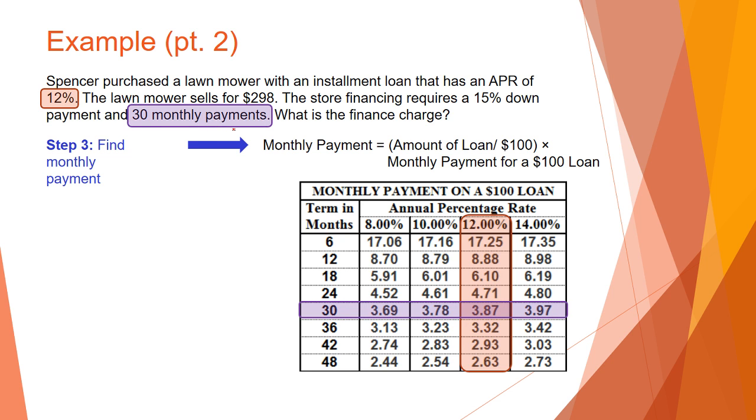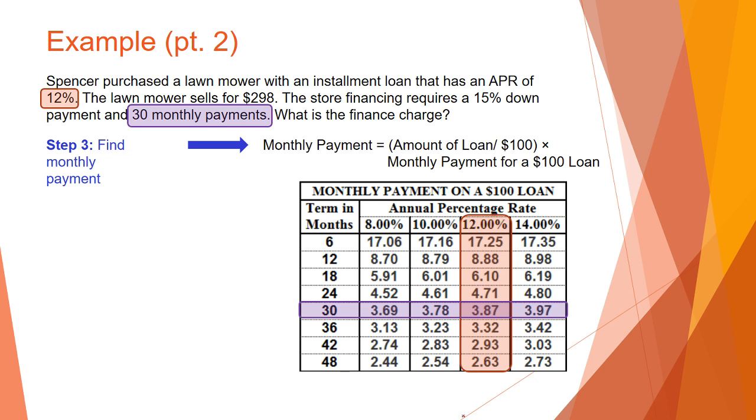The question says 30 monthly payments. So we're looking at row 30. So where does it overlap? It overlaps at $3.87. What that means is for every $100 that you borrow, you have to pay back $3.87.